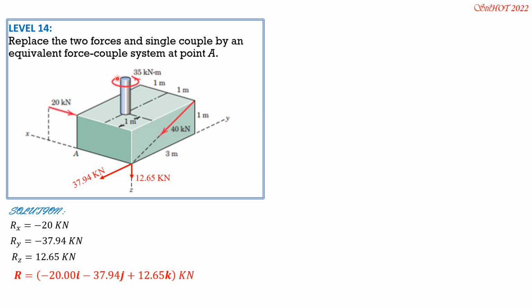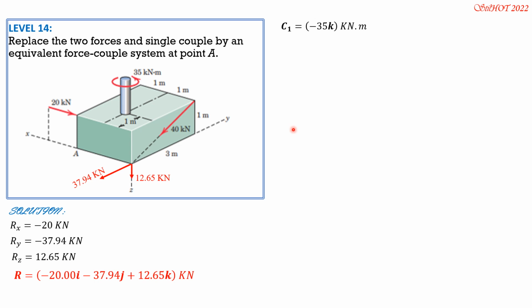If this is your four fingers, same sense as 35, your right thumb will be pointing upward, which is opposite to the positive z-axis. Therefore, this 35 kilonewton meter couple in vector form is C sub 1, negative 35 K kilonewton meter.